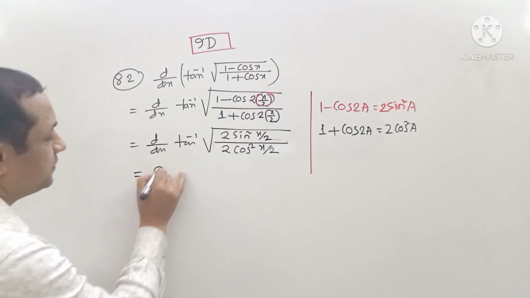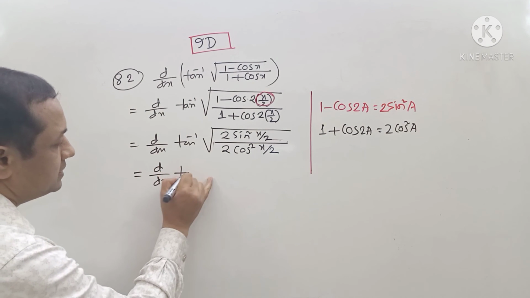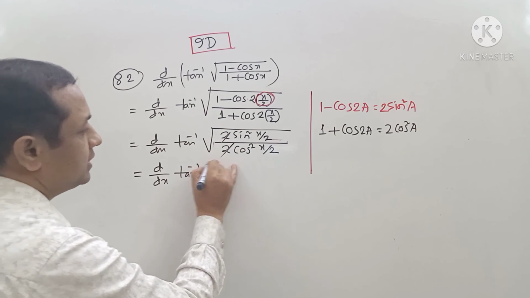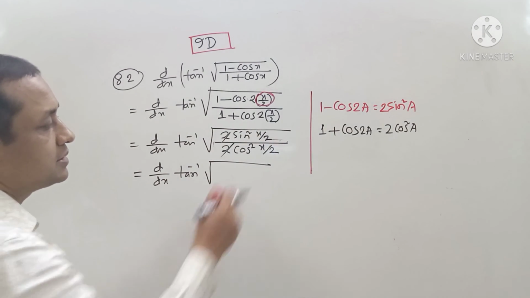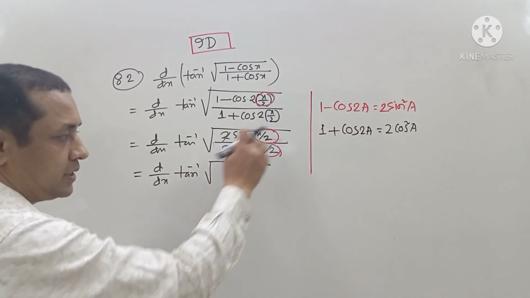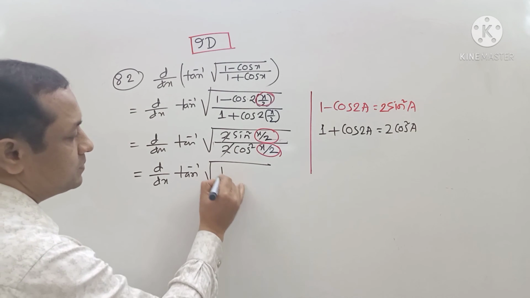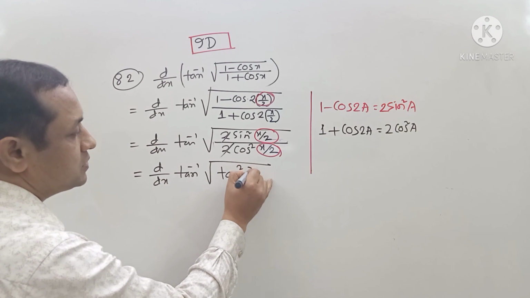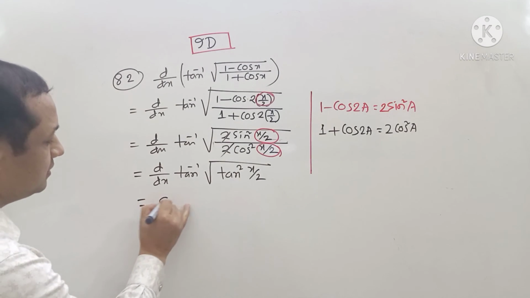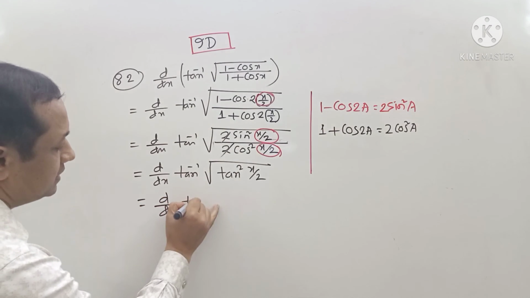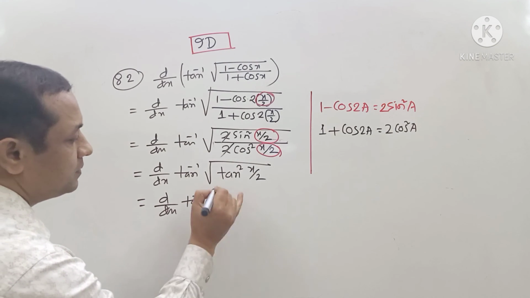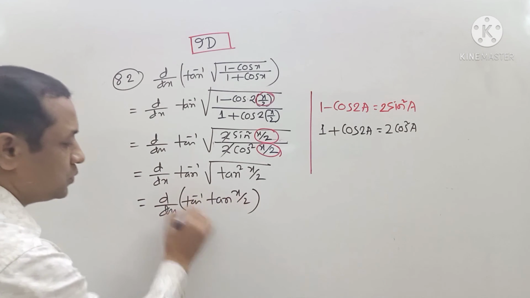So student, d/dx of tan inverse, the 2 cancels. Sin square x/2 by cos square x/2 equals tan square x/2. Then d/dx of tan inverse, here the square and root cancel, then we have tan x/2.